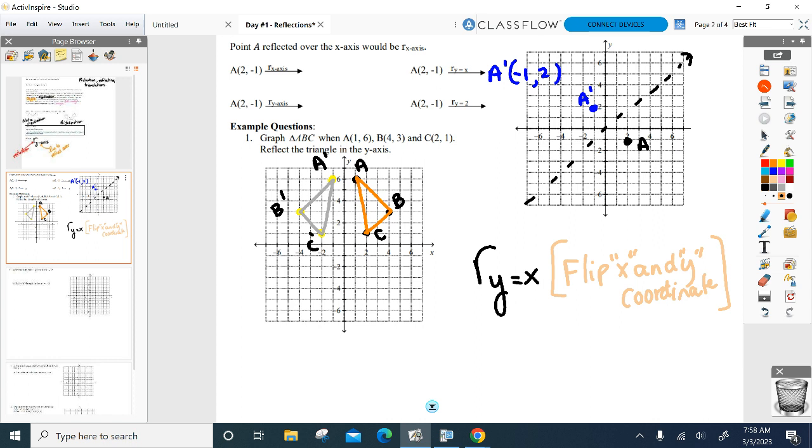Make sure you're calling them prime too, right? Make sure these new ones are A prime, B prime, C prime.